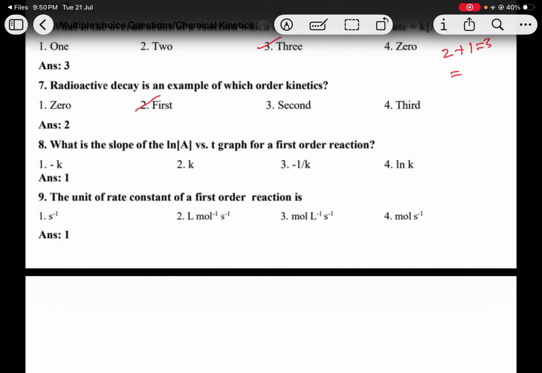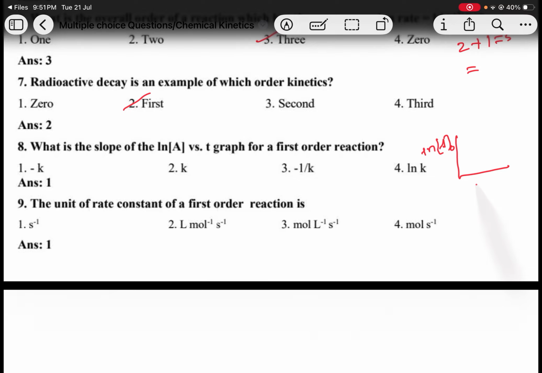A plot is drawn between ln A and time, with time on x-axis.